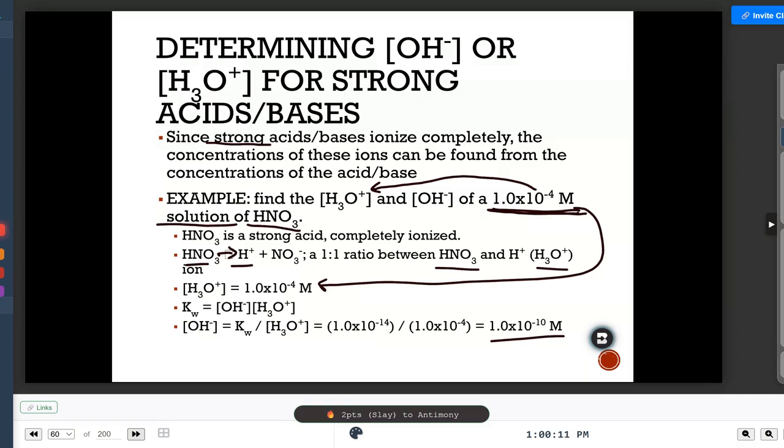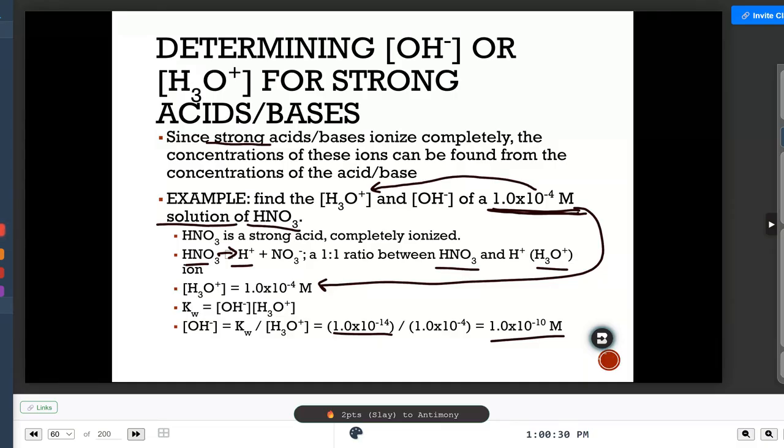Because we know the concentration of the solution of the acid, since it's a strong acid, we can use that to make our hydronium ion concentration, and then we can use that to solve for hydroxide ion concentration. Because we still know our K value, and we plug that K value of 1 times 10 to the negative 14th into that space. Questions on that?